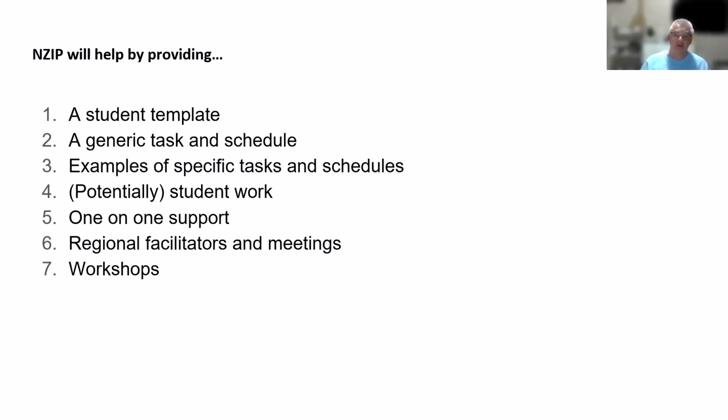We're going to provide examples of the specific tasks and schedules. We would hope, just as we've done with the older standards, to display some student work. We do one-on-one support. And we have a regional team that can facilitate meetings and workshops that can help people come together and try and crack this nut, I suppose.